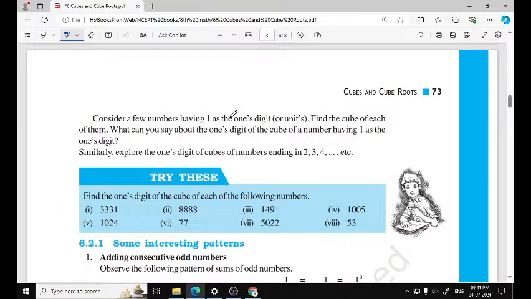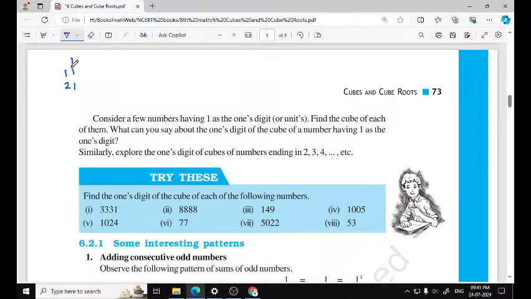Consider a few numbers having 1 as the ones digit. Find the cube of each of them. What can you say about the ones digit of a cube of a number having 1 as its units place digit? Now let us consider 1, 11, 21. These are the numbers with ones digit 1.